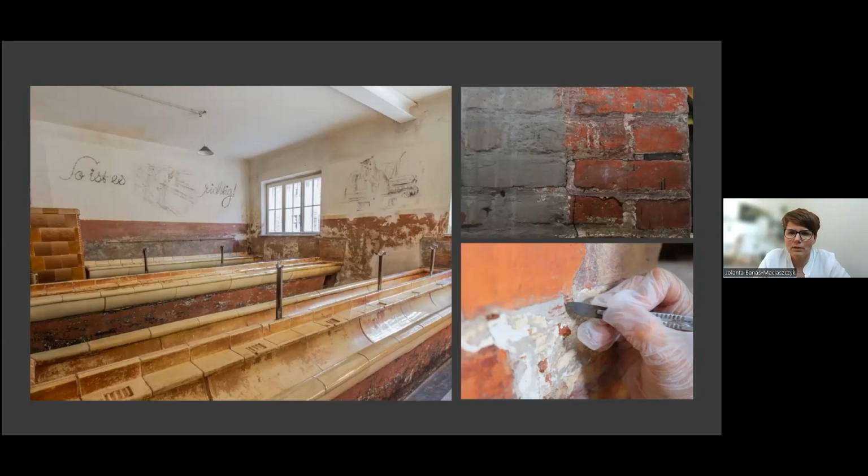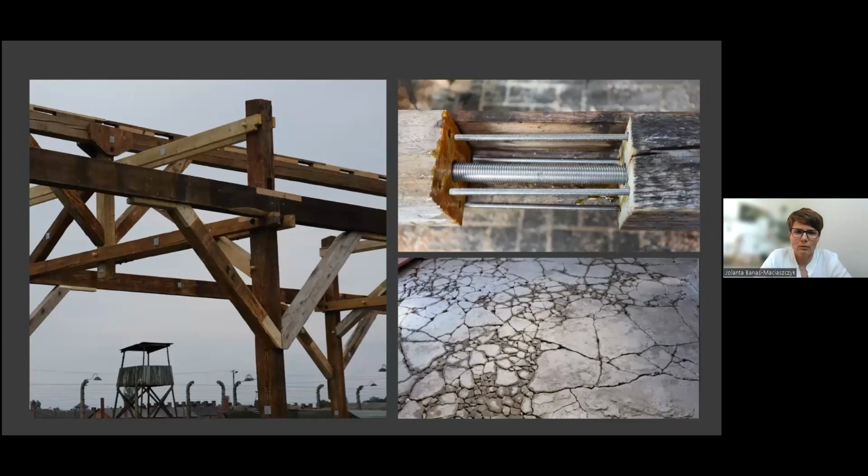While on the right-hand side, we see the effects of the works connected to the chimney, where the historical layers were removed, and in this way we brought back the original color range of those places.